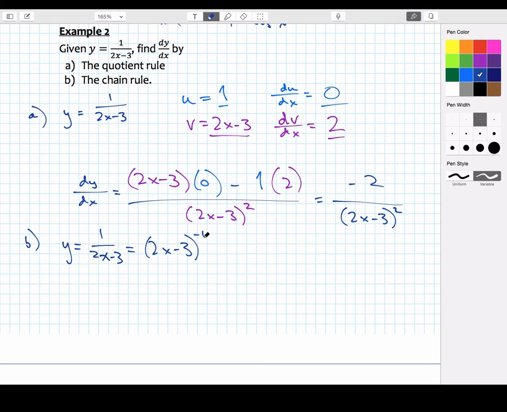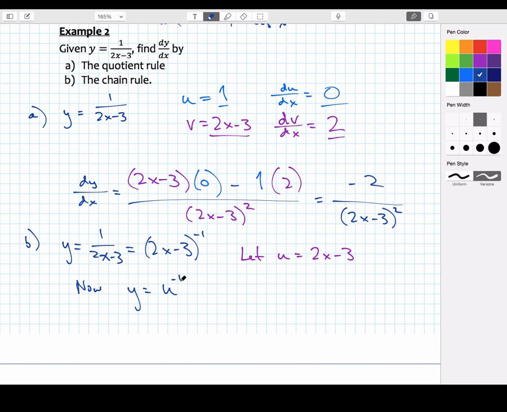So now what should we let u be? Let u be the inside function, 2x minus 3. Now y equals u to the power of minus 1.